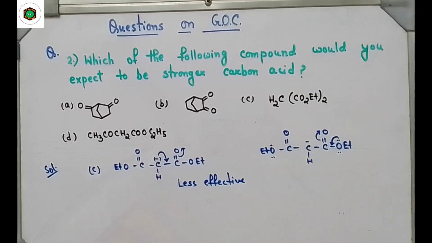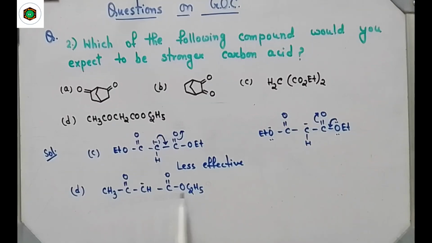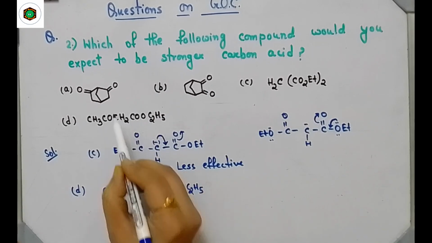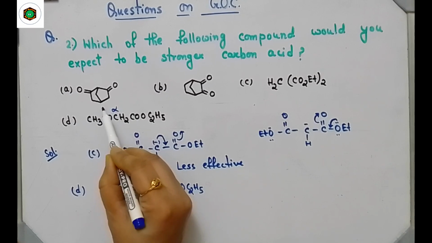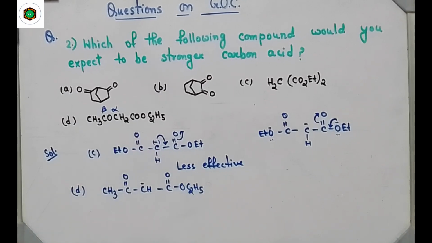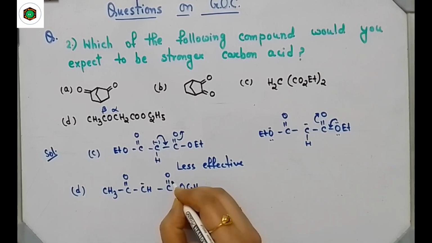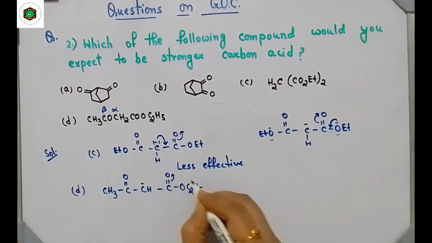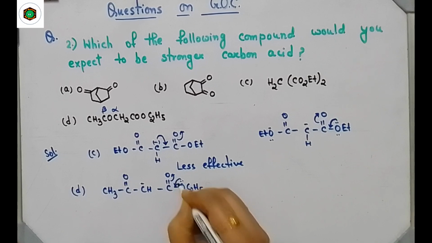But what about this compound? This is the conjugate base of this beta keto ester. With respect to this ester, this carbon is alpha, this is beta. This is a beta keto ester. So if you remove H plus from here, we are getting this conjugate base. And if you clip this bond, then this lone pair will be involved in resonance.